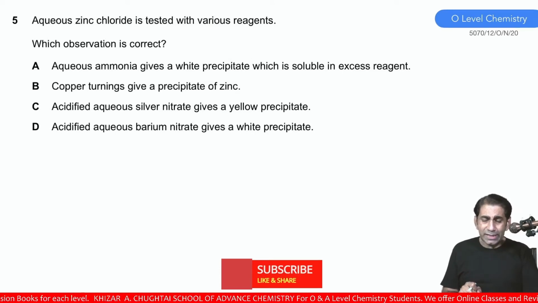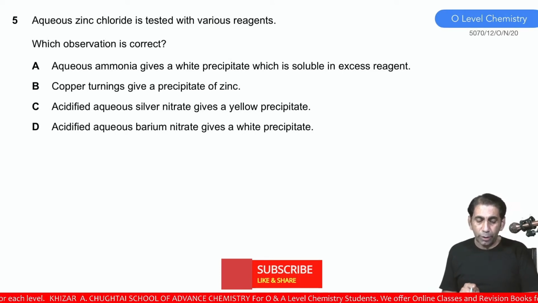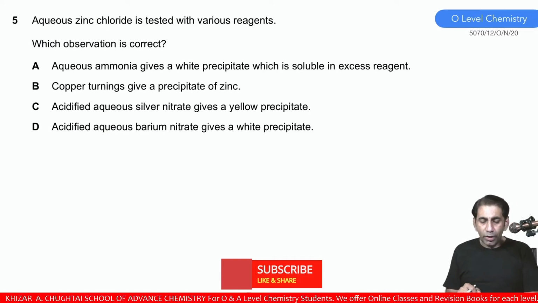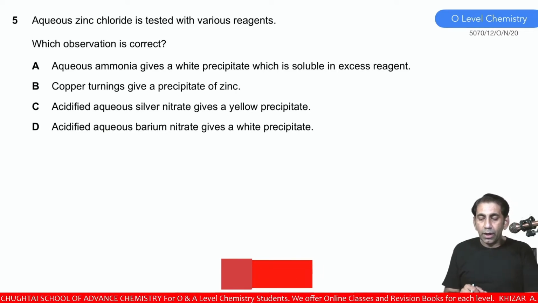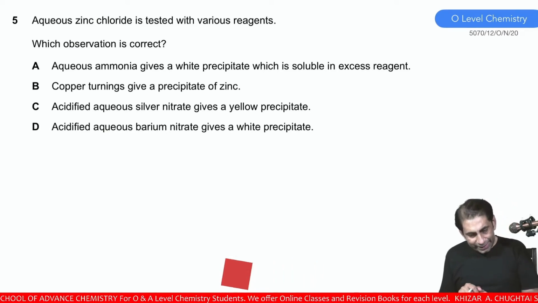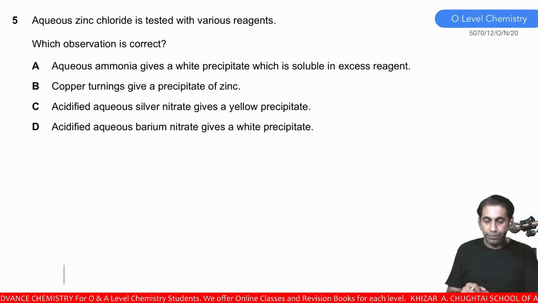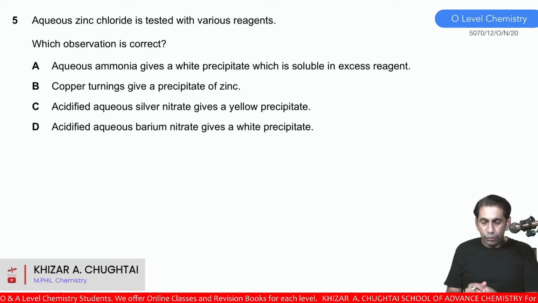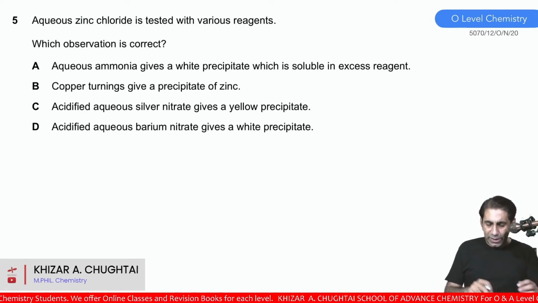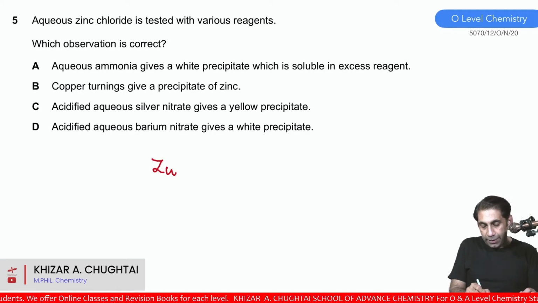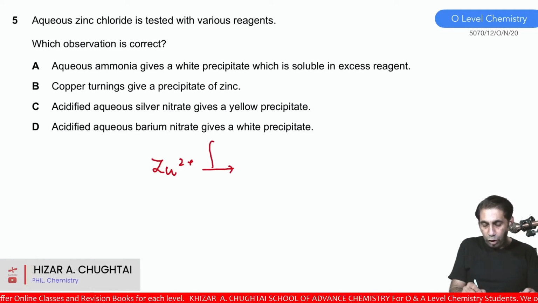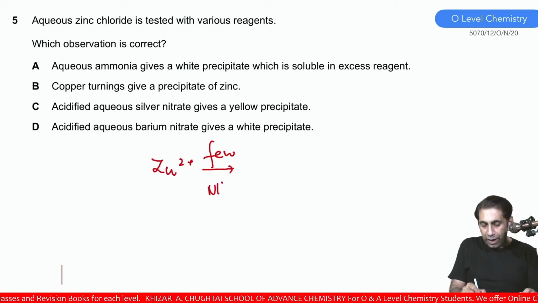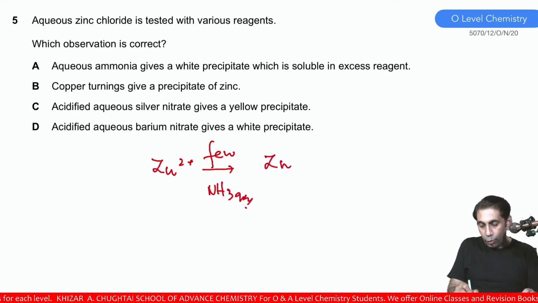Aqueous zinc chloride is tested with various reagents. Which observation is correct? Aqueous ammonia gives a white precipitate which is soluble in excess reagent. Yes, it is true. This question is in reference to the alternative to practicals. Zn2+ ion, when treated with a few drops of aqueous ammonia, makes a white precipitate of Zn(OH)2.